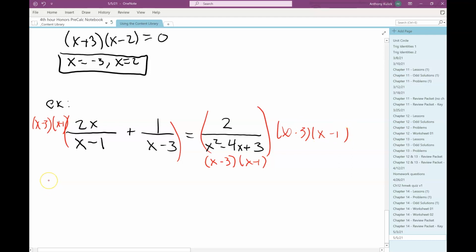So when I do that, I'm going to get 2x times x minus 3 plus 1 times x minus 1 equals 2. Is everybody okay with how I got that?